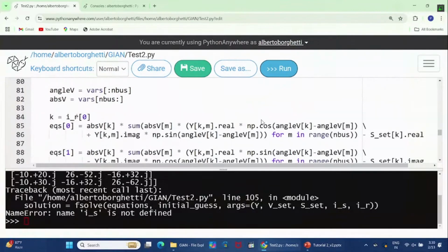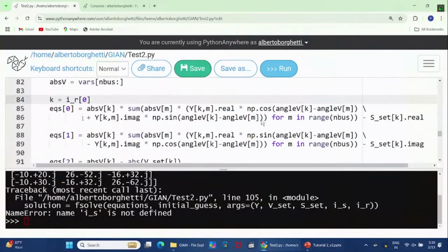But here we need to write the equation for PQ and PV. So we need to modify these 2 points. So row 84, we need to modify this. And we can do it tomorrow. Any questions so far? Good. Thank you so much. At least we have put 3 lines, so we need to make the calculation. But the equations are there. Thank you so much.